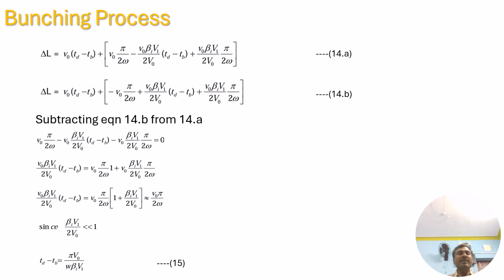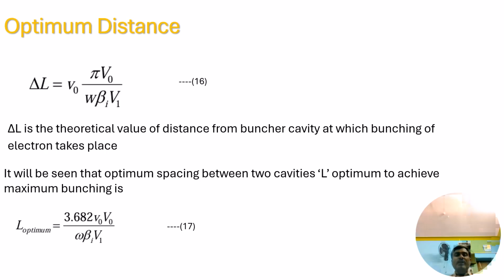Then by simplifying, we can get Td minus Tb equal to pi into V naught by omega into beta I into V1, which is shown by equation number 15. By representing time period in terms of distance and velocity, we can write Td minus Tb equal to del L by lowercase v naught.